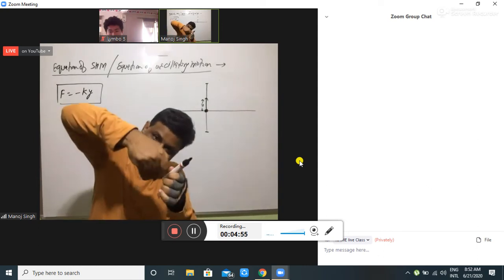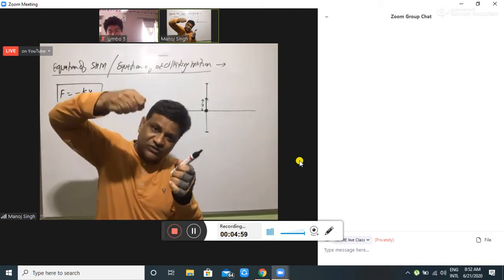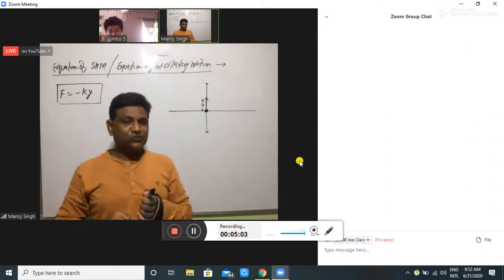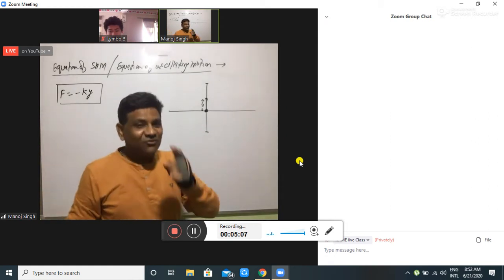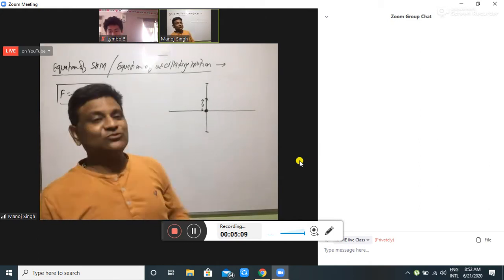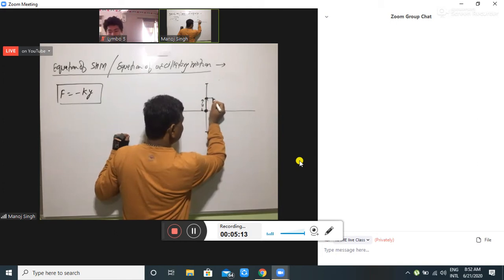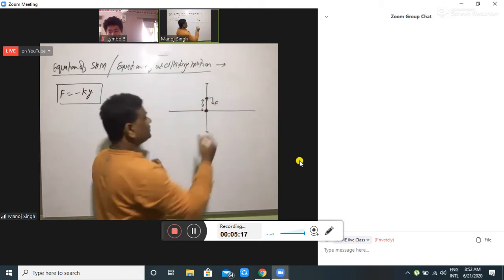After displacing the particle in the Y direction, if it is released, it will try to move towards the mean position. Why? Because a restoring force is acting on this particle, and due to this force, the particle will try to move towards the mean position.